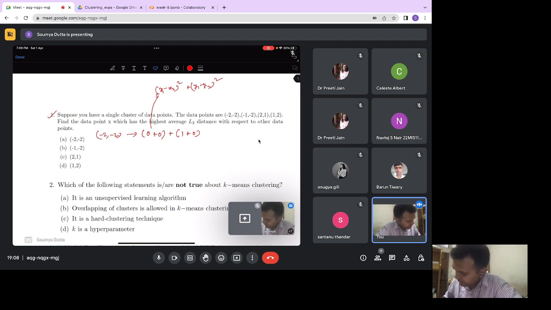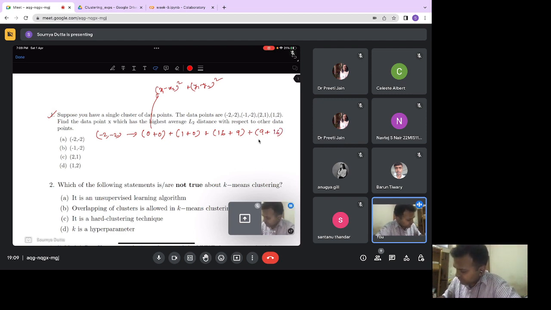The second one is the distance of -2 from -1, -2, would be 1 plus 0, because -2 minus of -1 is -1. Then -2 and 2, 1 would be 16 plus 9, and the last one would be -2 minus 1, which is 9, and -2 minus 2, which is 16.